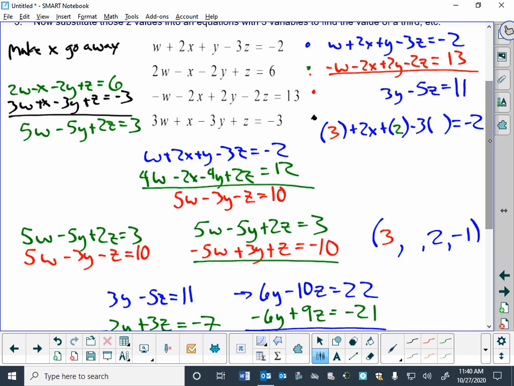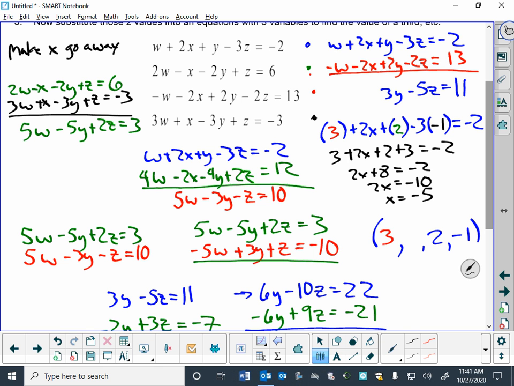And my last one, there was a -1 in that spot. So if I work this out, I get 3 plus 2x plus 2 plus 3 is equal to negative 2. So that is 6, 7, 8, 2x plus 8 is equal to negative 2. So 2x is negative 10, and the x is negative 5, and this is the solution.